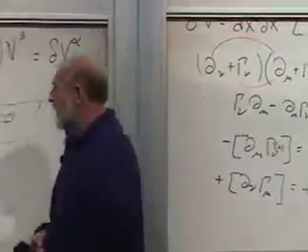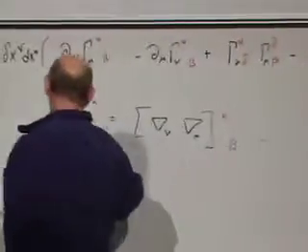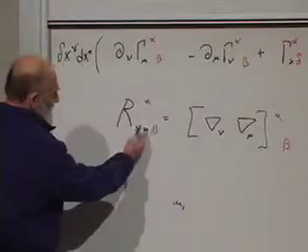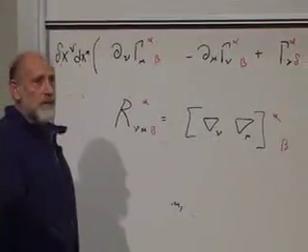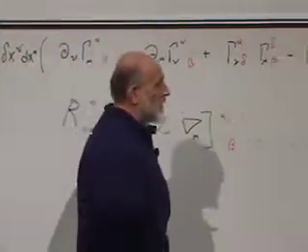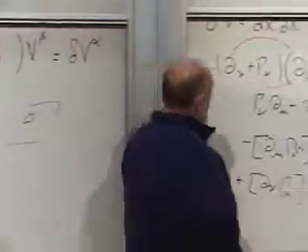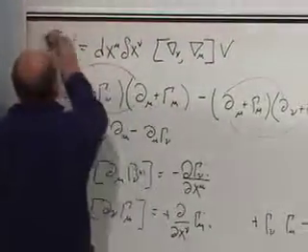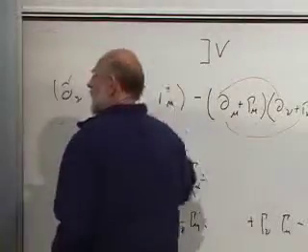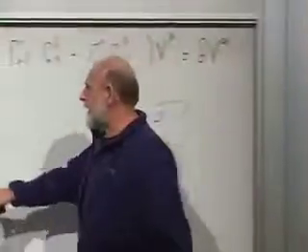This is a thing with 4 indices, but I've suppressed 2 of the indices, and it's antisymmetric under mu and nu. So it's definitely not the Ricci tensor. Now I could try contracting.